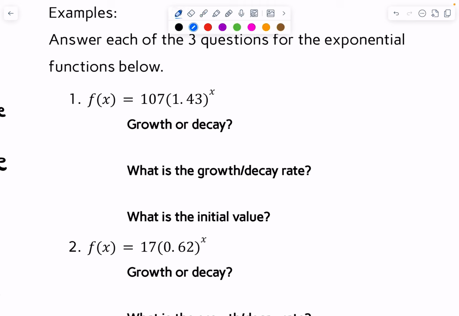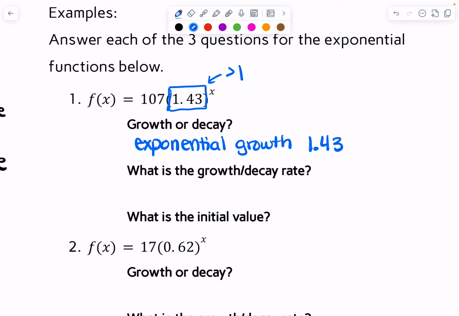To know that, I'm going to look at this 1.43. That was my base, and this is greater than 1. If that number is greater than 1, that is exponential growth. So this is an example of exponential growth because 1.43 is greater than 1.